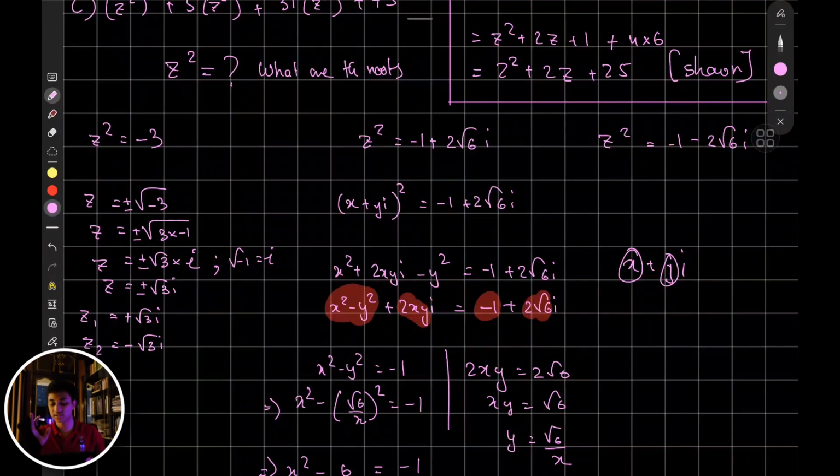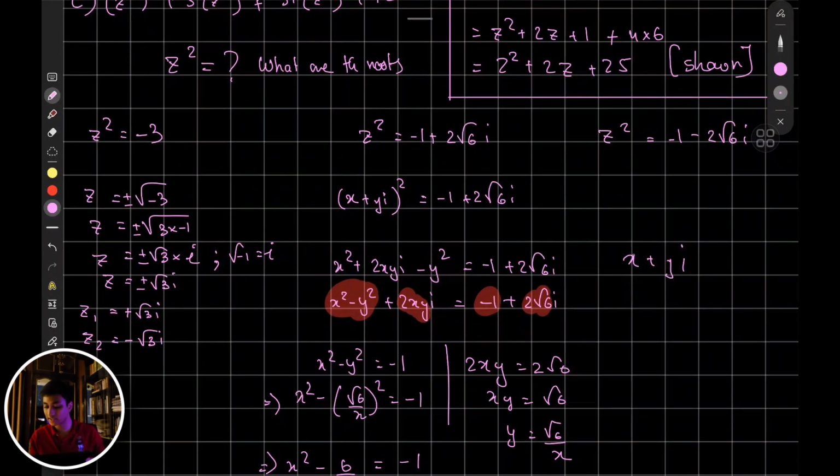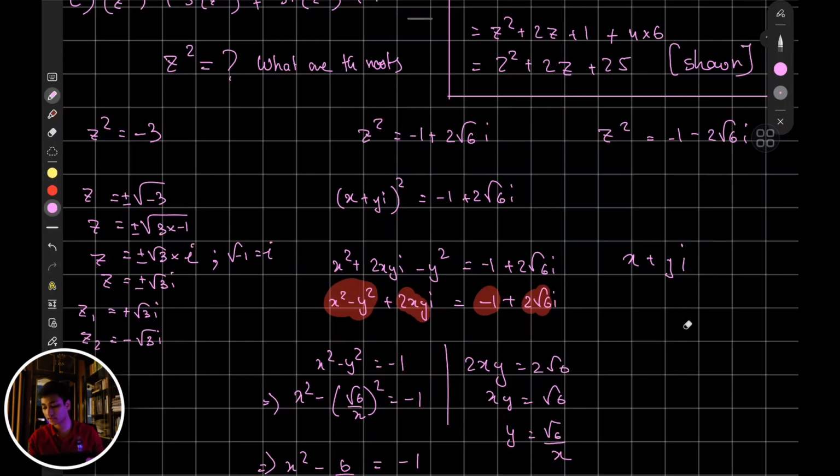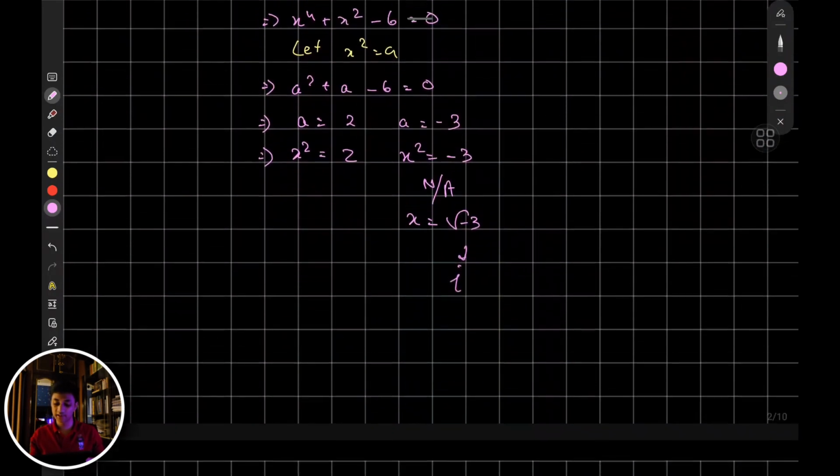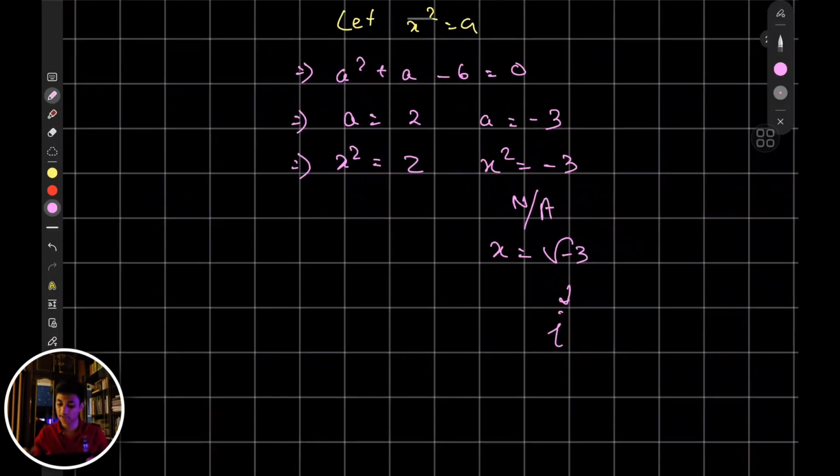Y is the coefficient of the imaginary part; y is itself not an imaginary expression. i is imaginary, right? So x cannot be imaginary. It has to be real. So x is plus minus root 2.